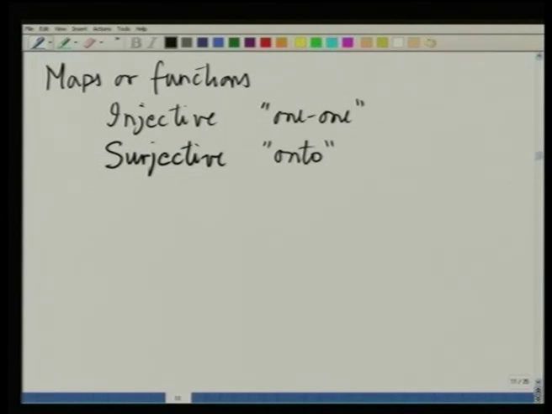An injective map takes different input signals to different output signals.